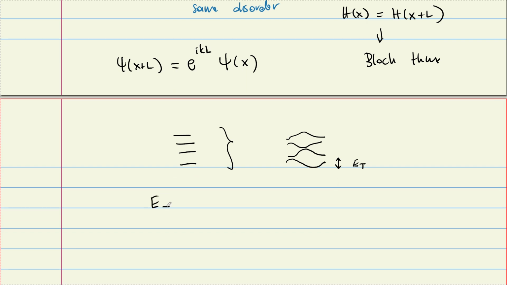For the ith level, it is E_i at kL equal to pi, the Brillouin zone boundary, minus E_i at kL equal to 0, the Brillouin zone center. That gives you the broadening of each level.